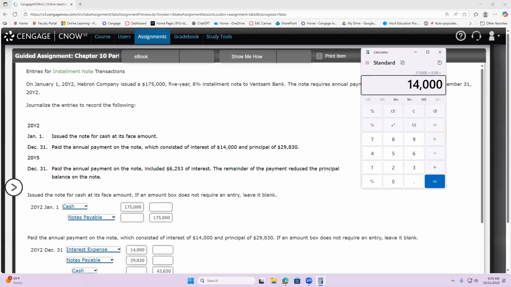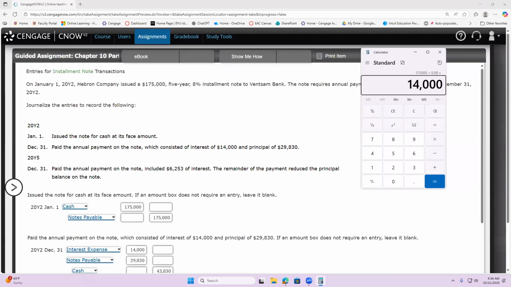So our interest was 14,000, which means our principal, the amount we were actually paying down on the note, was 29,830. So this is our beginning of year, what we owe, and here's our end of year.